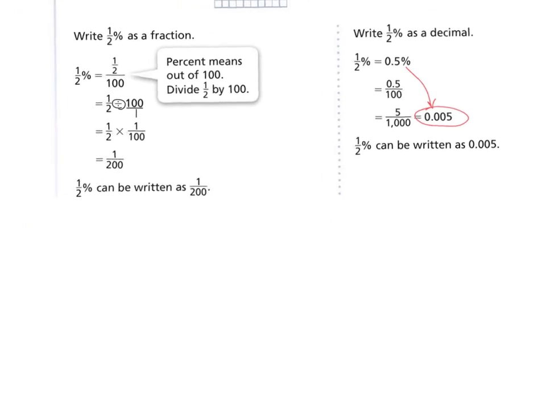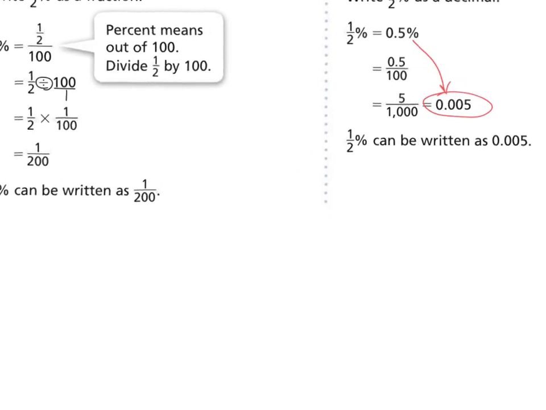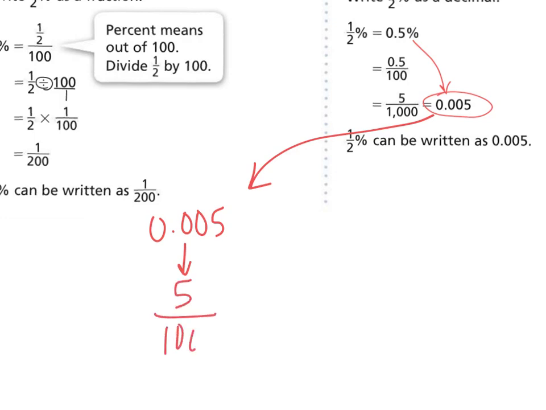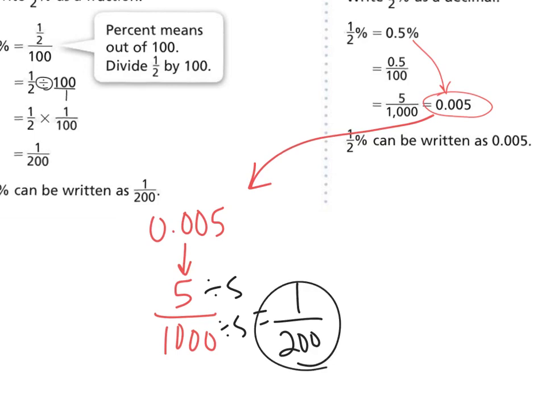And then by having the decimal as 5 thousandths, now we can come back to our fraction. We can say it's 5 thousandths, and then we can reduce both of those by 5, and that would be 1 over 200. So again, it's up to you. To me, that's going to be the easier route. Decimal first and then fraction.